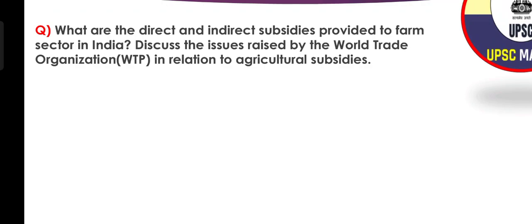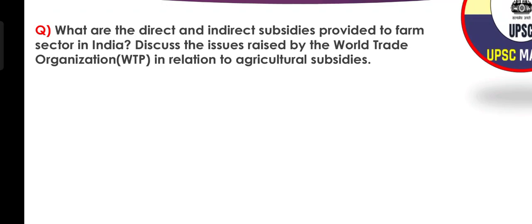Okay, so the WTO thinks indirect subsidies or subsidies are like a trade barrier, so governments of various nations should eliminate this type of subsidy. Okay, but different countries including India respond differently to this principle, because we give subsidies not to reduce trade, but to protect our farmers' interest.